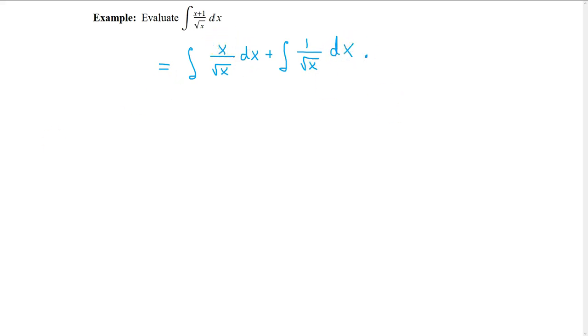Now we can rewrite each of these fractions as x to a power, and then we can use the power rule for antiderivatives. So this is the same as, let's see, this is going to be x to the 1 minus 1/2. So this is just the square root of x, or x to the 1/2. And this is x to the negative 1/2.